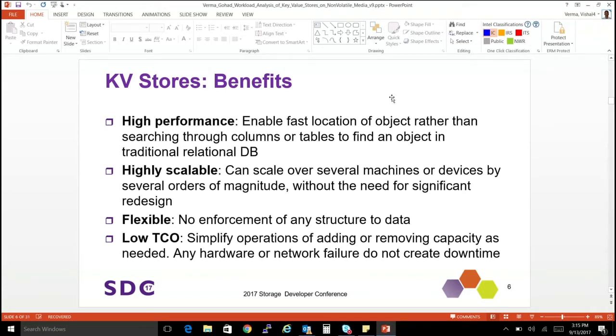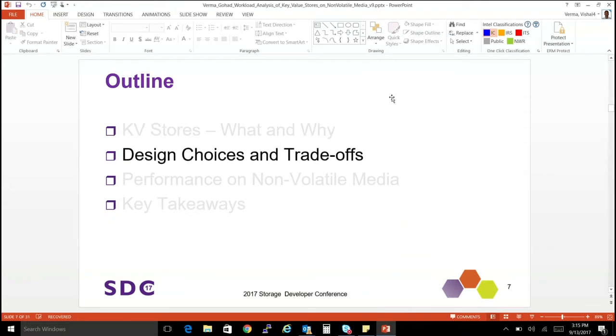It simplifies operations whenever you want to add or remove capacity in a data center. The total cost of ownership is reduced with key-value stores. We'll look in detail at what I mean by that.